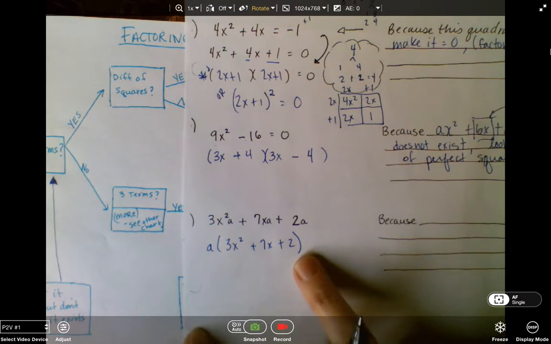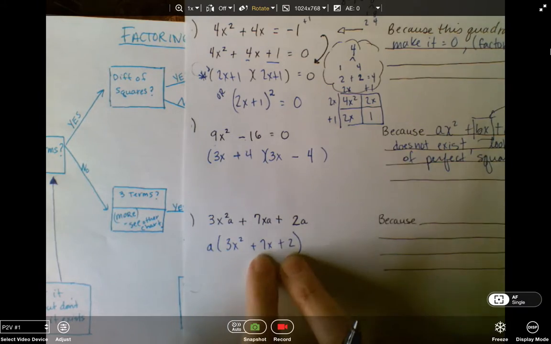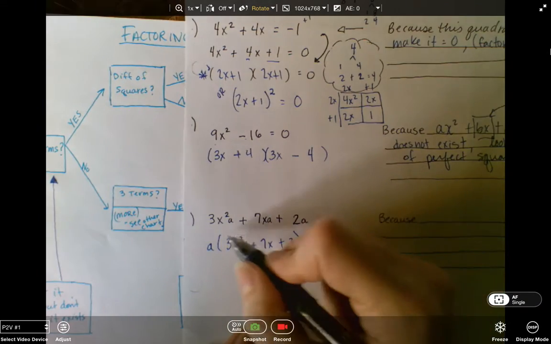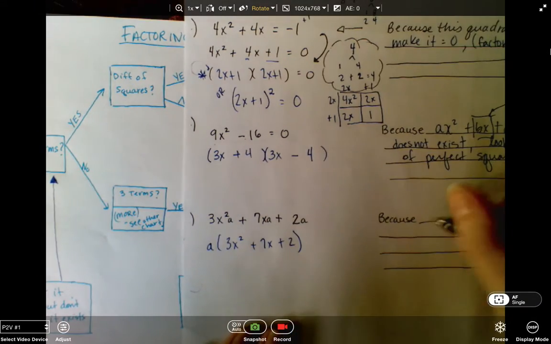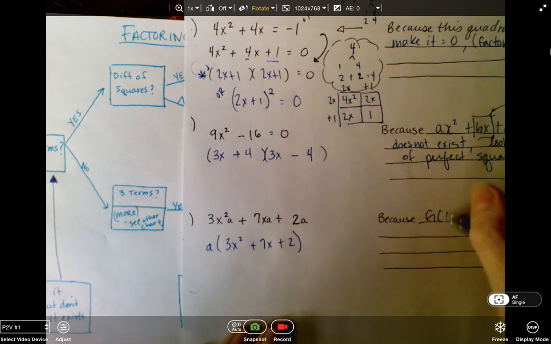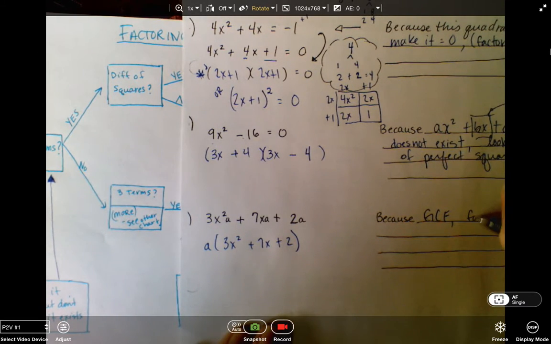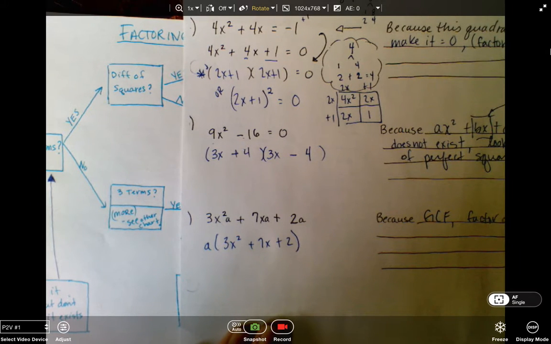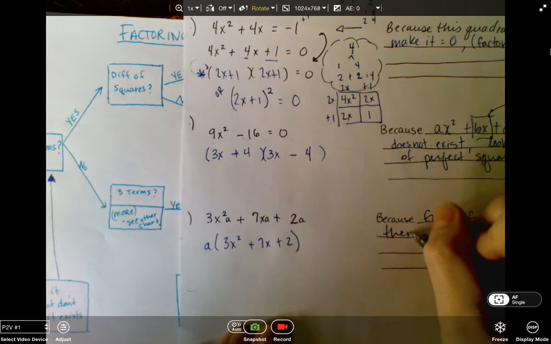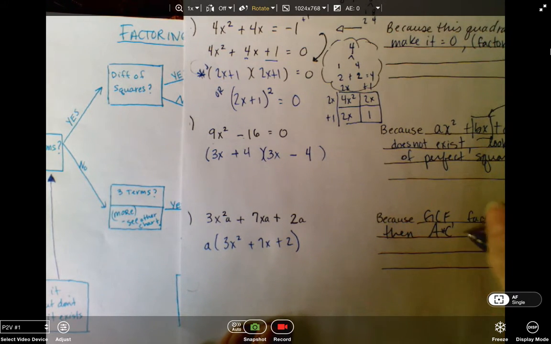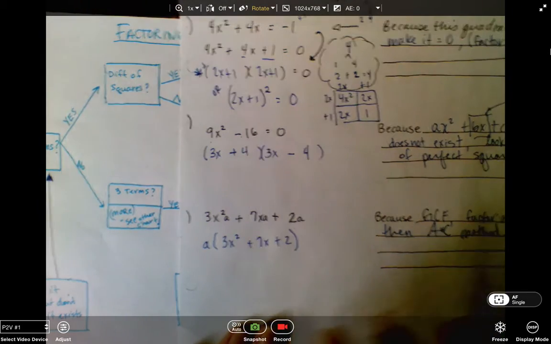Okay, it's a quadratic with an A and a C and a B. So let's see if I can factor it using the AC method. So because GCF, we're going to factor that out. Then I need to use AC method because it's not a perfect square.